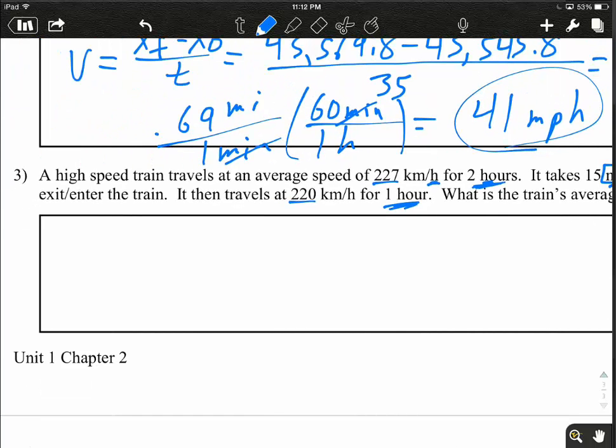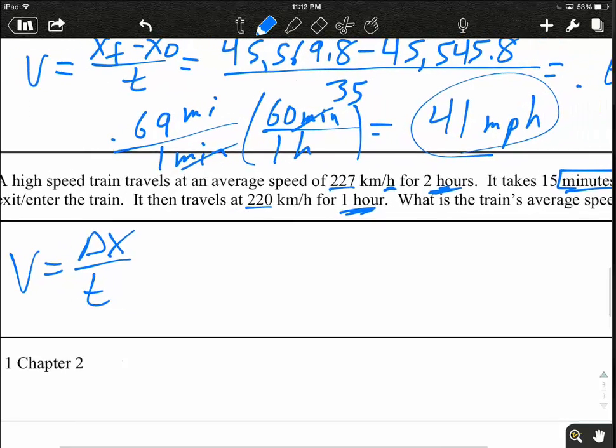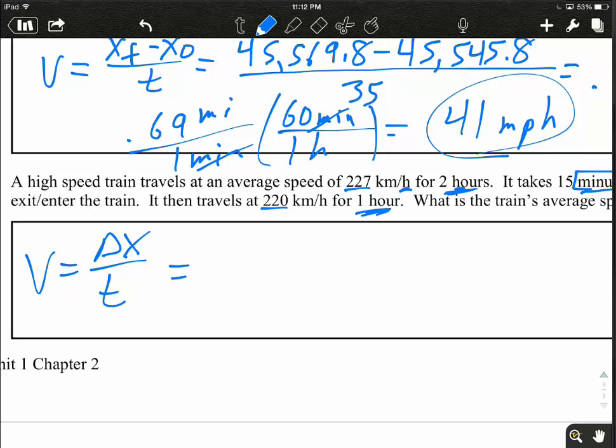So to find the average velocity, it has to be the total change in position over the total time that the object moved.